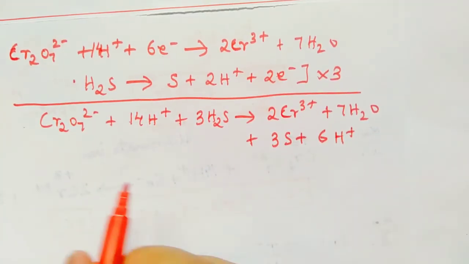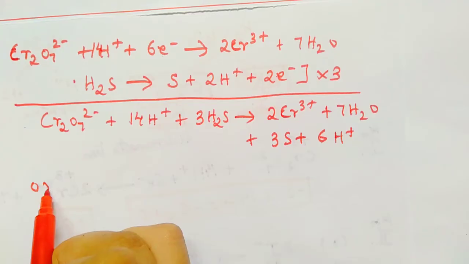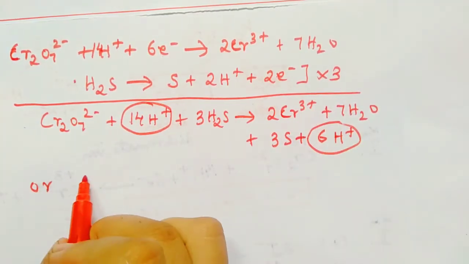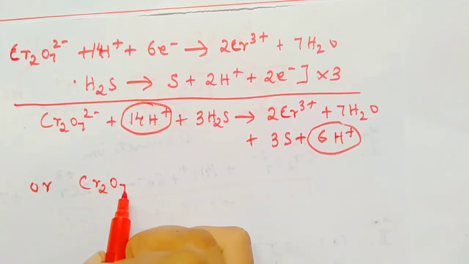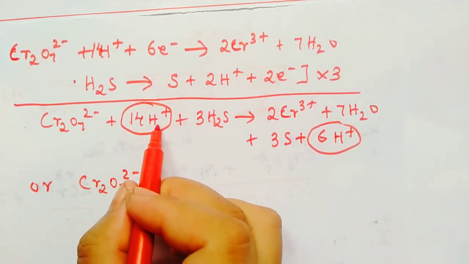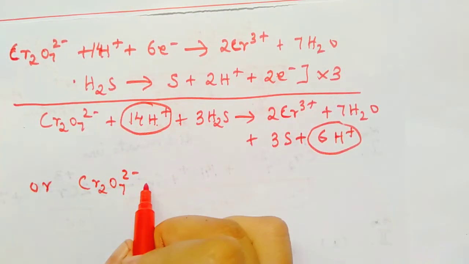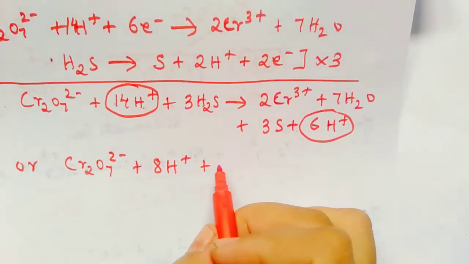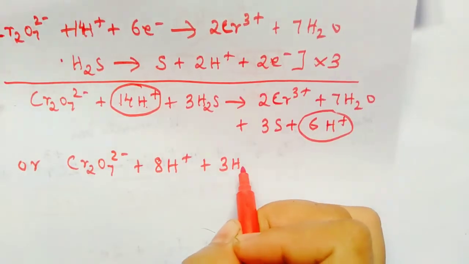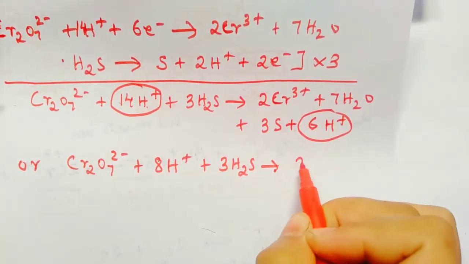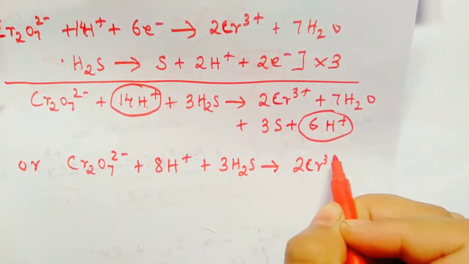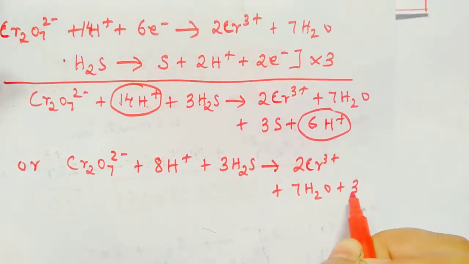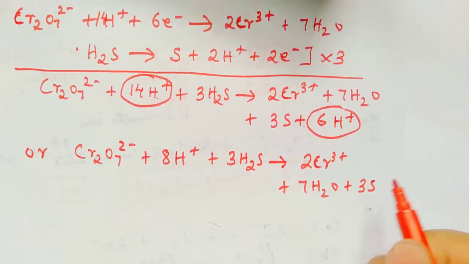Now see here we have 14H plus and 6H plus, so Cr2O7 2 minus, 14H plus minus 6H plus, you have 8H plus, plus 3H2S, and then you have 2Cr3 plus, 7H2O plus 3S.